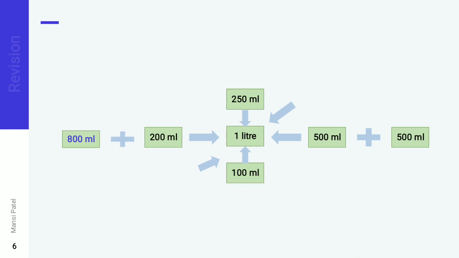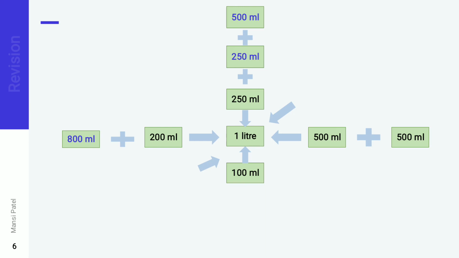So to 200 milliliter, what do we have to add? We have to add 800 milliliter, then it becomes 1 liter. Now for 250 milliliter, we can say 250 milliliter plus 250 milliliter plus 500 milliliter completes the 1 liter.